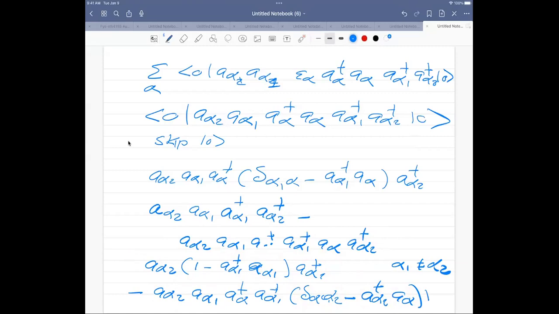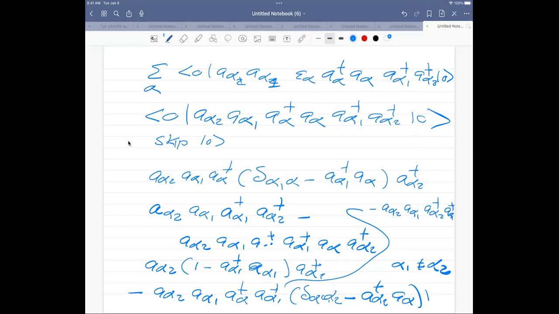So you see now that this one, and let's just sneak in some space in here, reduces to minus A alpha 2, A alpha 1, A alpha 2 dagger of A alpha 1 dagger, like that.